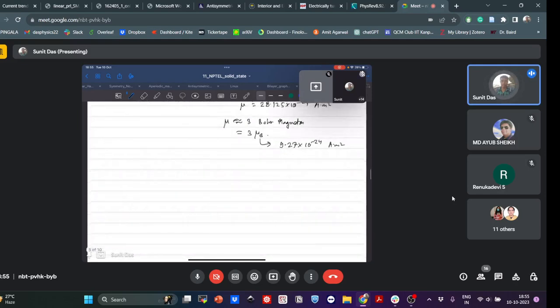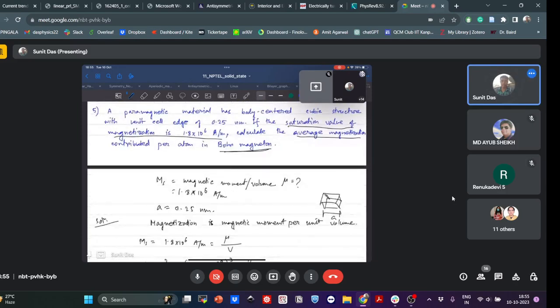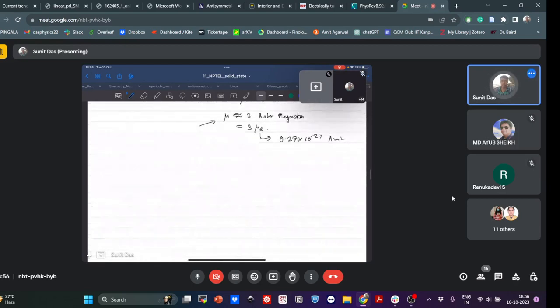So this is the total magnetic moment. Now we need to find, if you read the question, the average magnetization contributed per atom. So the magnetic moment per atom we can find with the number of atoms, right? So the magnetic moment per atom will be 3 mu B divided by the number of atoms in a body centered cell.